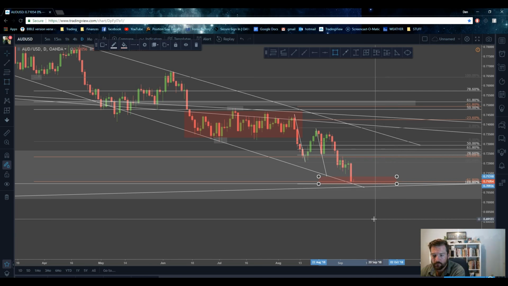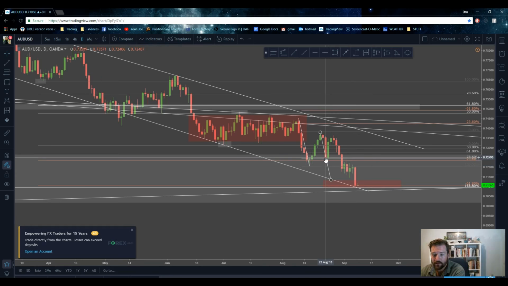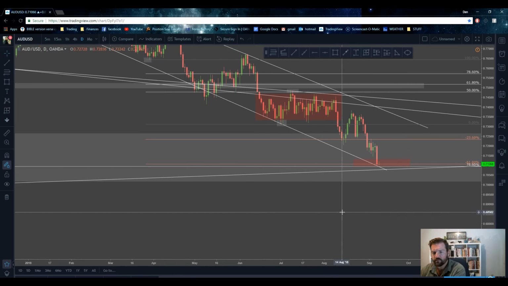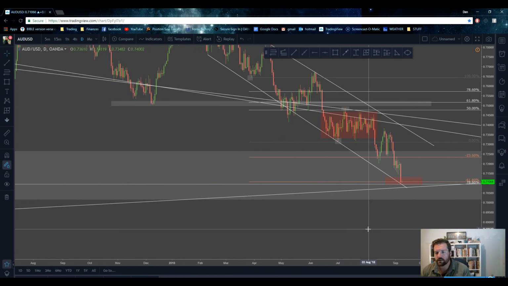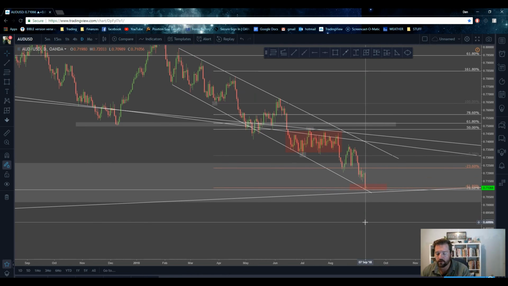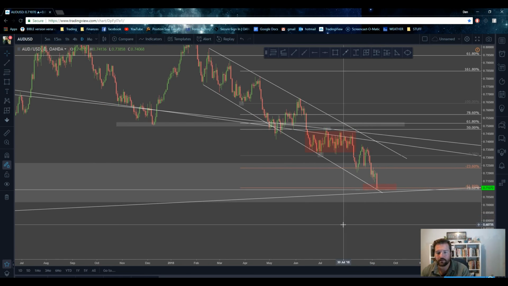Okay, so for my ABCD pattern, that's what I'm looking at right there. Extra confluence in there. And then I just delete the fibs because I know that's kind of my zone there. So can you see how we're starting to build our case for entry in and around this area that price is at currently?